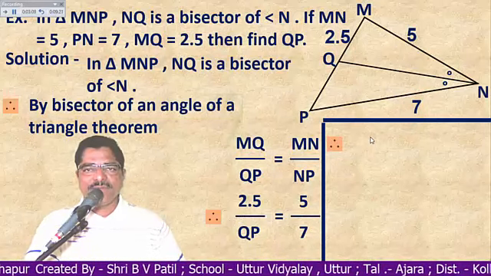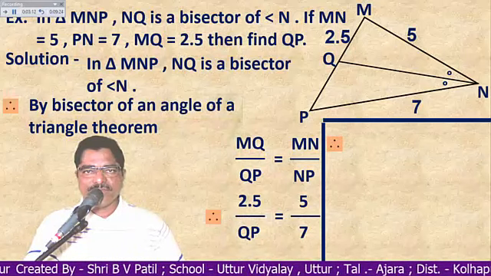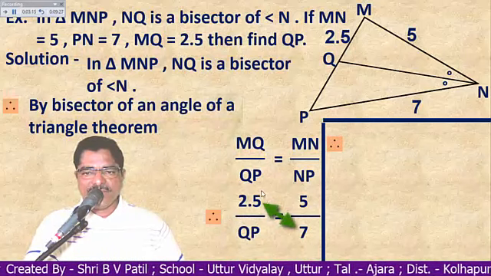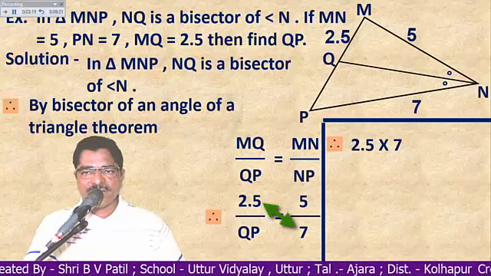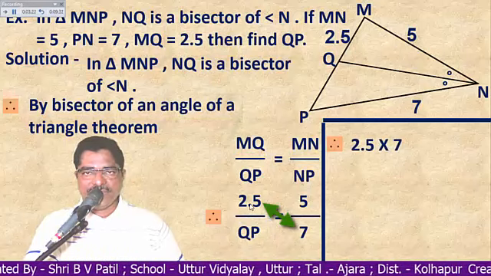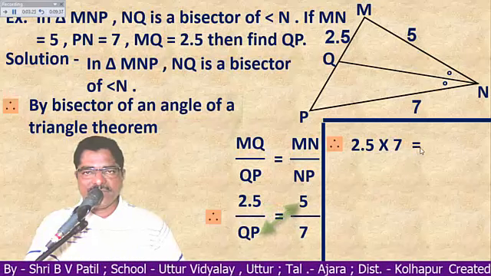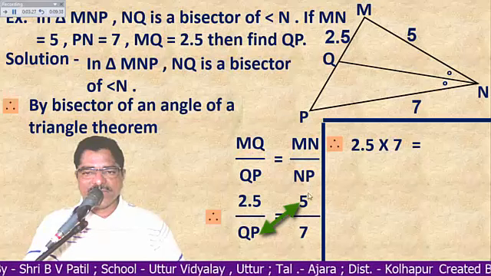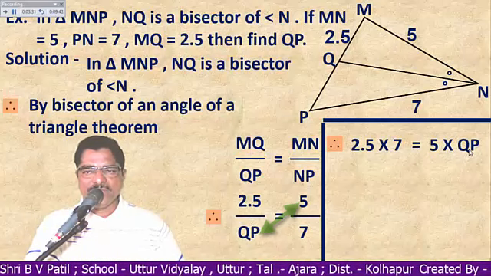The next step is cross multiplication, that is 2.5 into 7 is equal to 5 into QP.